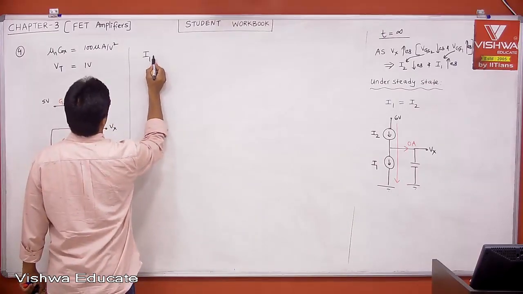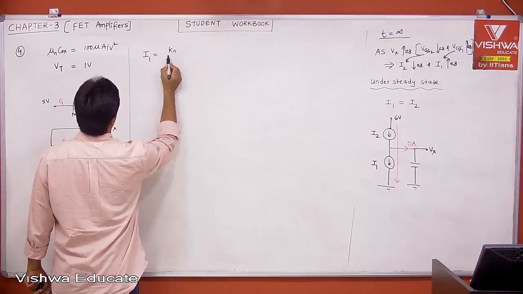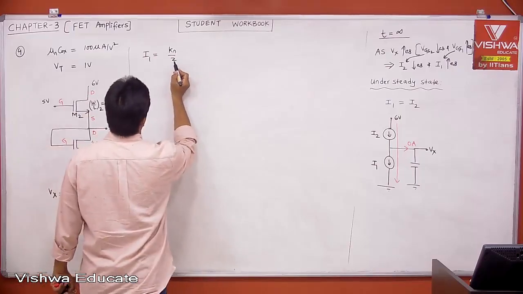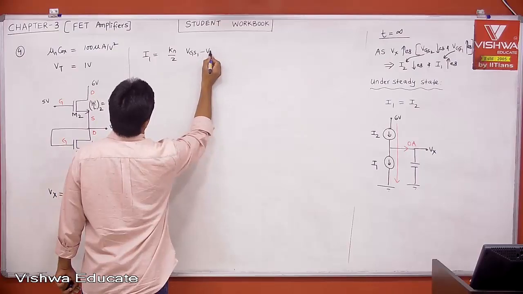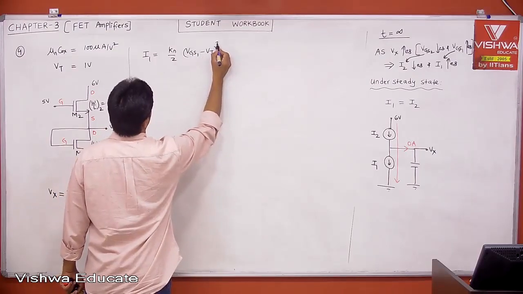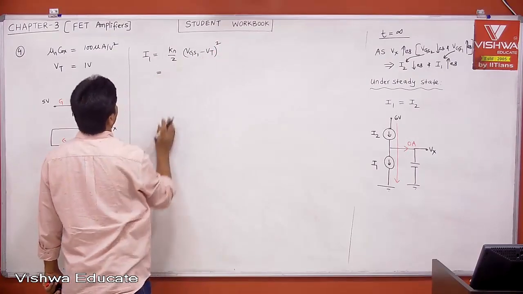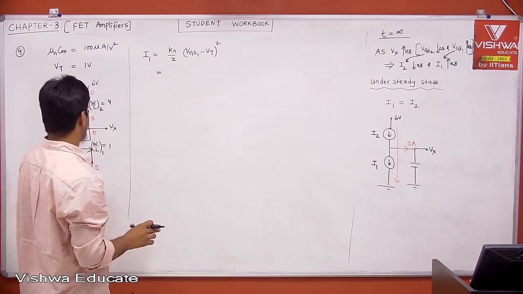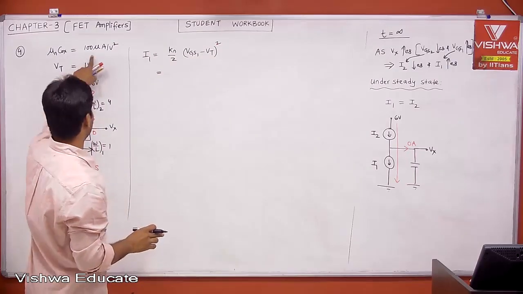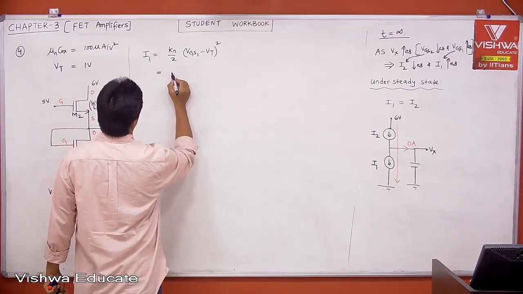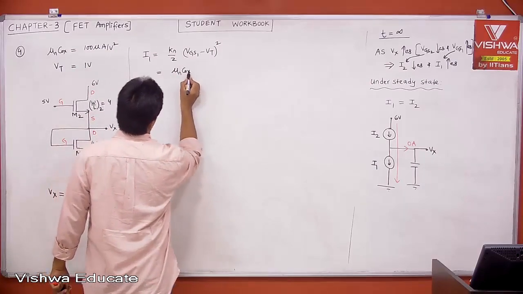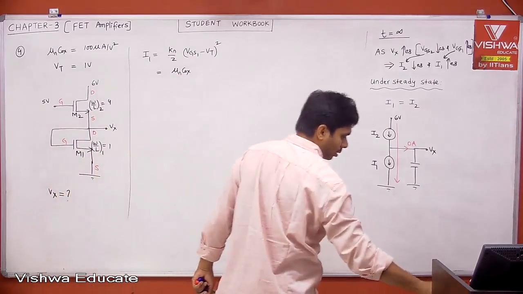I1 is equal to Kn by 2, okay, which is VGS1 minus VT whole square. Therefore, what is Kn by 2? Kn is nothing but mu n Cox W by L. Mu n Cox is 100 micro, W by L is 1.